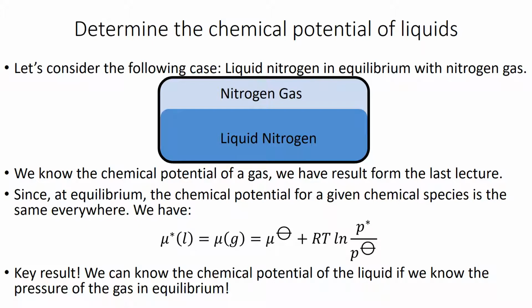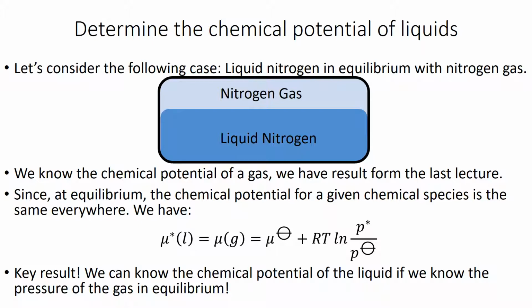Now we know the chemical potential of a gas, we have the results from the last lecture. And we are going to make the following statement: at equilibrium, the chemical potential for a given chemical species is the same everywhere.